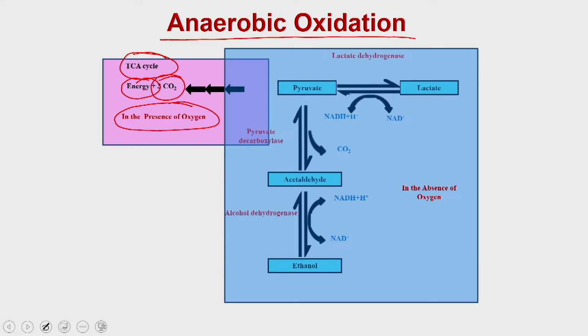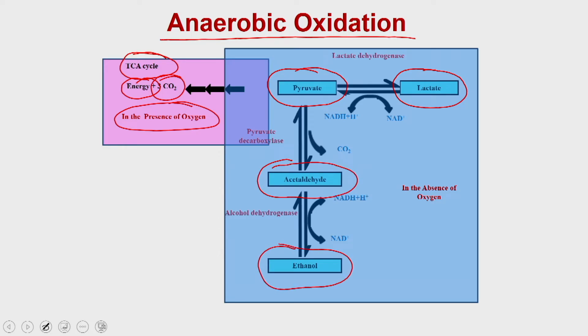But if oxygen is not present, then the pyruvate which is generated after glycolysis is going to be channelized to produce lactic acid, or the pyruvate is going to be channelized to produce acetaldehyde followed by ethanol. There are two enzymes which are working in this anaerobic oxidation.